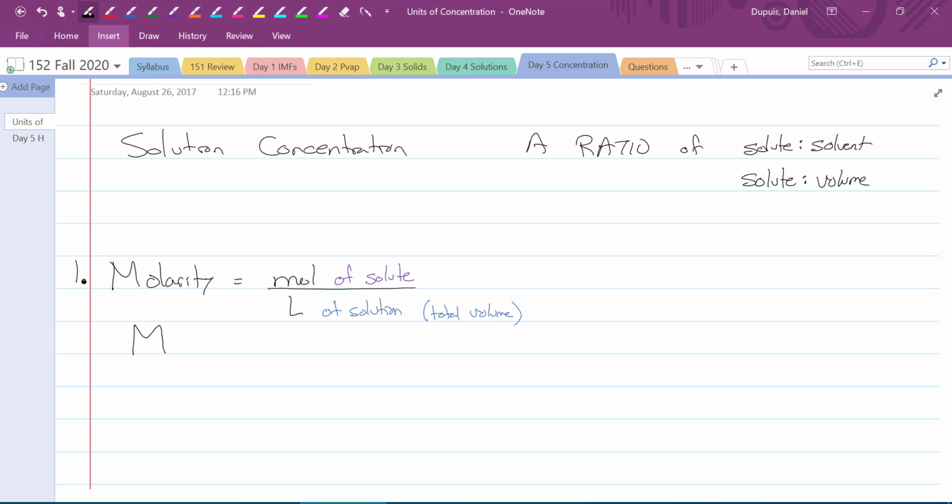And we like molarity. It is by far the most common. The problem is it is temperature dependent, because volume is temperature dependent. A lot of substances expand with increasing temperature and contract with decreasing temperature. Solids do it, liquids can do it, gases can do it.